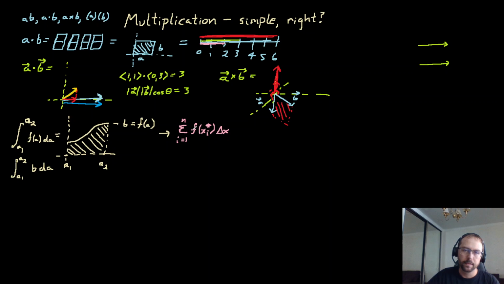And this sum turns into this. So it's another way that this is like multiplication, because if we take this and we instead say that the limit as n approaches infinity of the sum from i equals 1 to n of f of x sub i star, delta x.